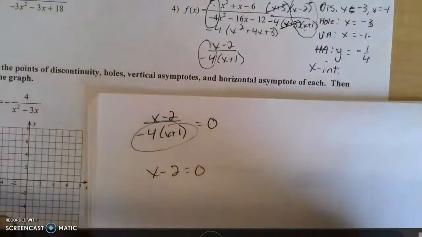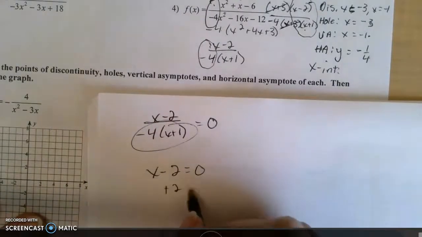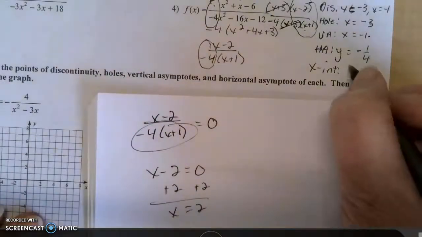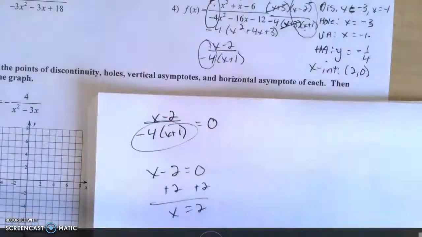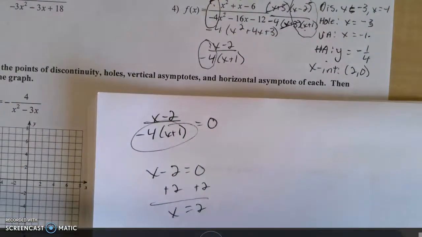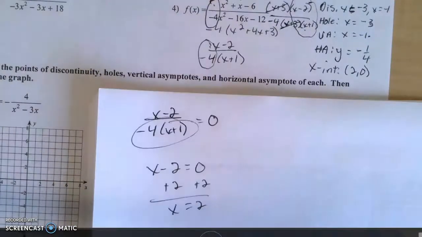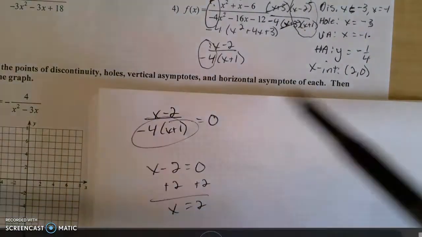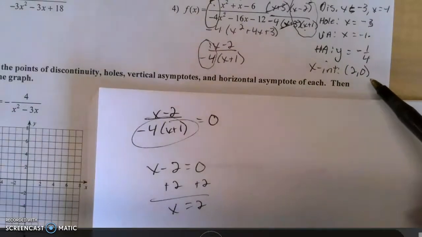So to find my x-intercept, I'm going to set my numerator equal to 0. So my x-intercept is at 2. Okay, when I set the denominator equal to 0, I get a vertical asymptote. When I set the numerator equal to 0, I get my x-intercepts. And sometimes I can have more than one.